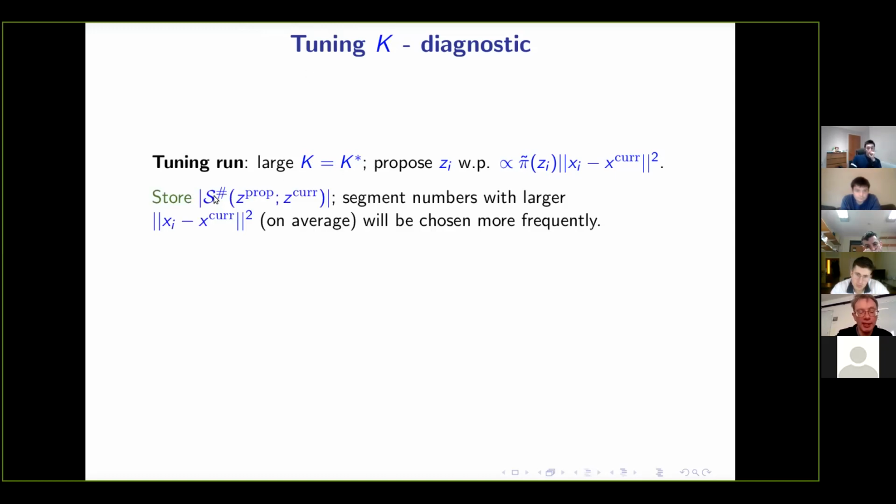And each time you propose, when you've actually proposed something, you can have a look at which segment you proposed from. And the segments which are typically further away, with larger pi tildes, you will propose from more often, because we're proposing in proportion to the squared distance away.